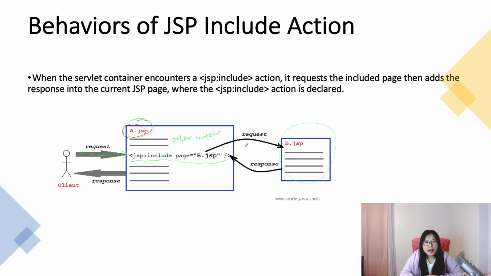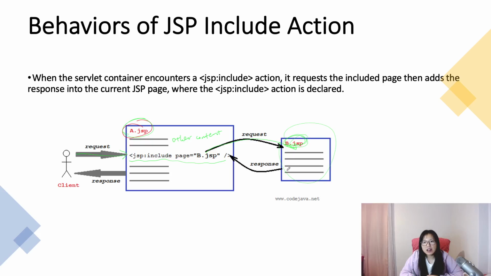So now, when the servlet container enters a JSP include action, it will make another request internally to this included page. In our case, here it is b.jsp. Then every request is gonna have a response, right?